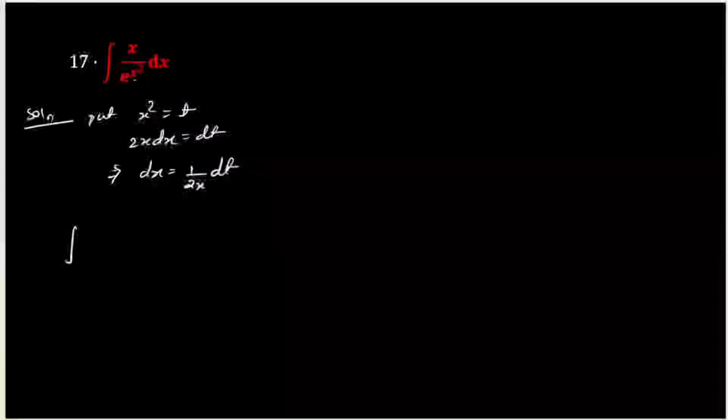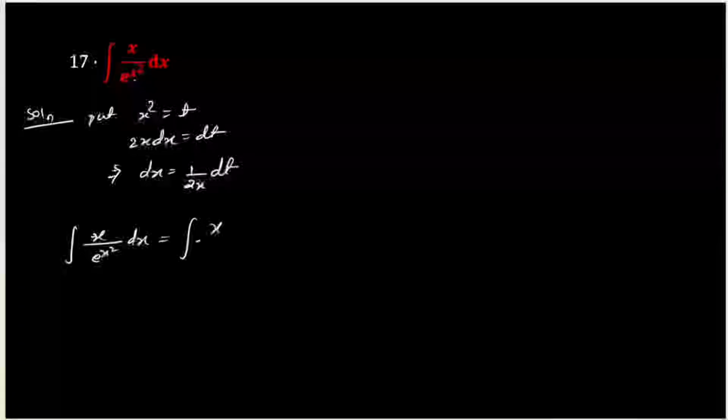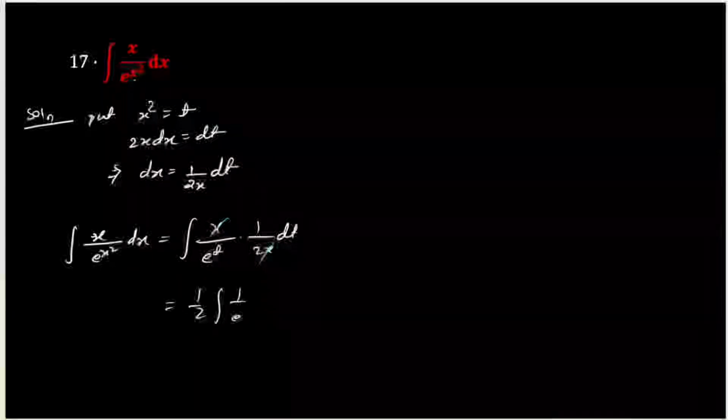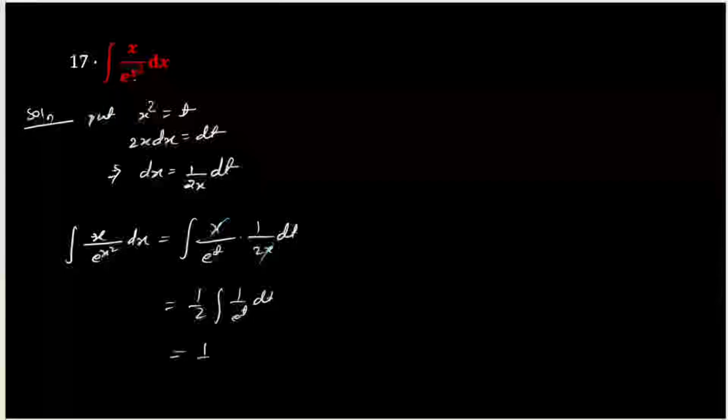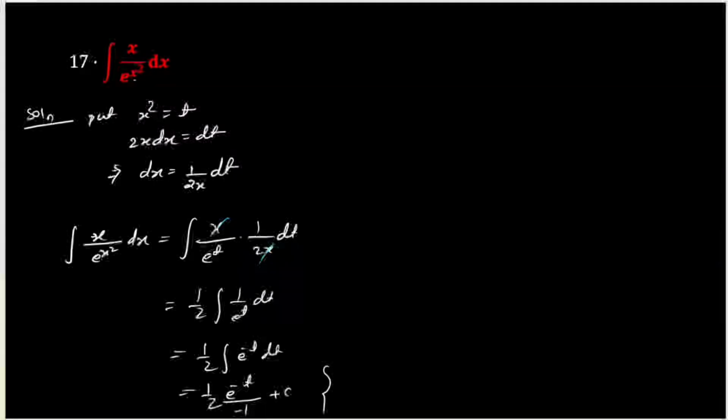Therefore the integral becomes x dx by power x squared, where x squared is equal to t, and dx is equal to 1 by 2x dt, where x is cancelled, so 1 by 2 into dt.